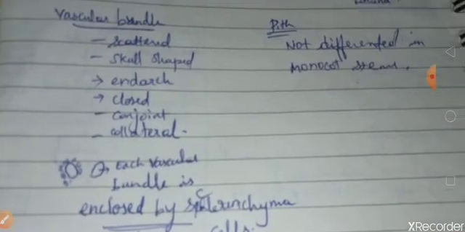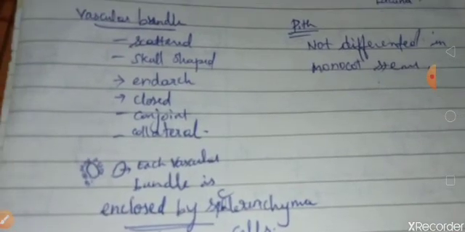The next one is the bundle sheath. As I said, in the vascular bundle you have xylem and phloem vessels. The vascular bundle is scattered in the ground tissue. It is skull shaped. So skull shaped, V shaped, Y shaped, everything is the same. In the skull you have the portion for 2 eyes and 1 mouth.